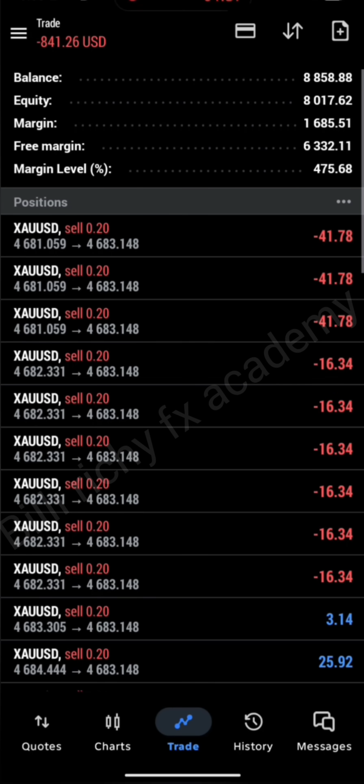The market is just moving around our entry, going into drawdown. We are down minus 3k again. Is this going to be a profit or is it going to be a loss? This is complicated. The market is moving around our entry right now. Let's see how it goes.